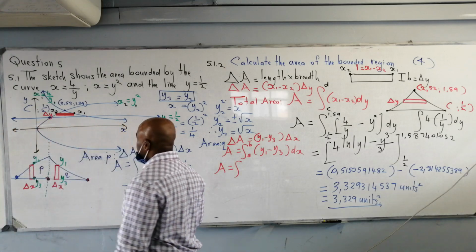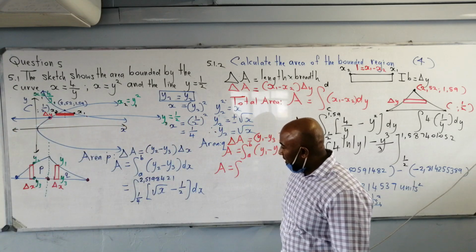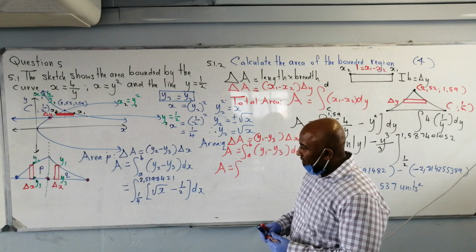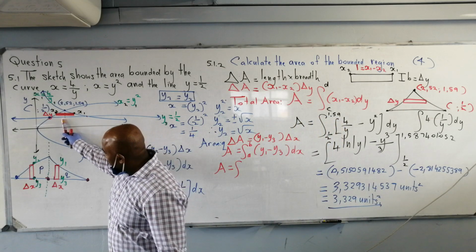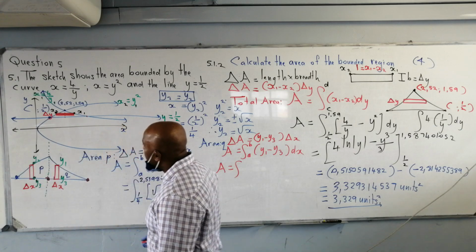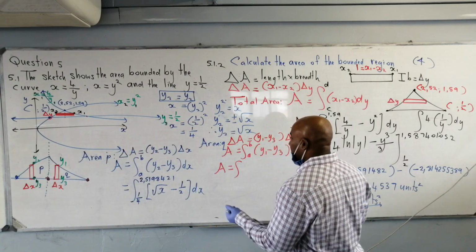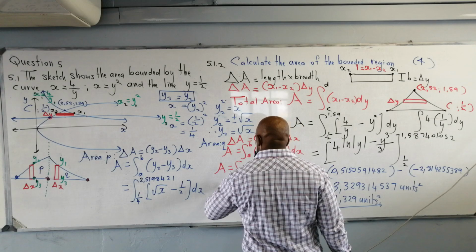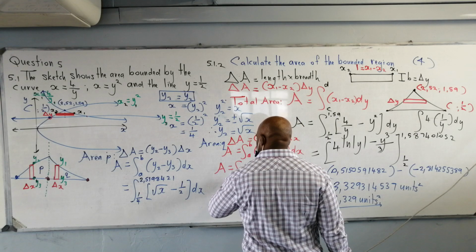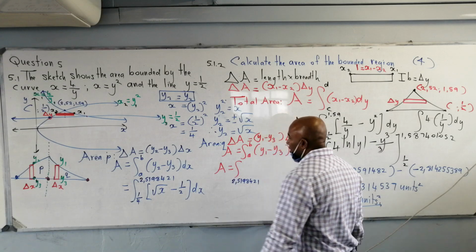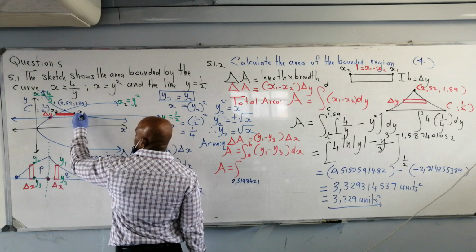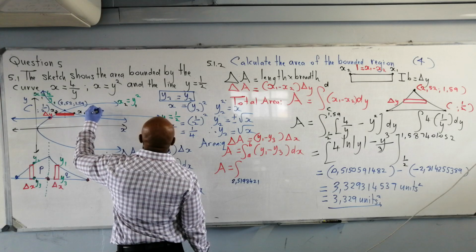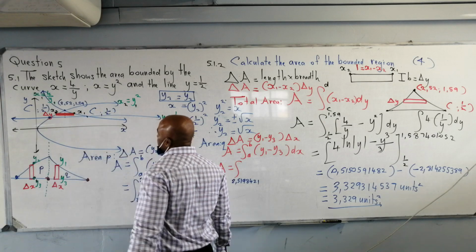Okay, so now what do we already know? We already know this point here, the lower limit, which is 2.52 or 2.519. But what is this point here? Do we know this point? We know that y is equal to half there.